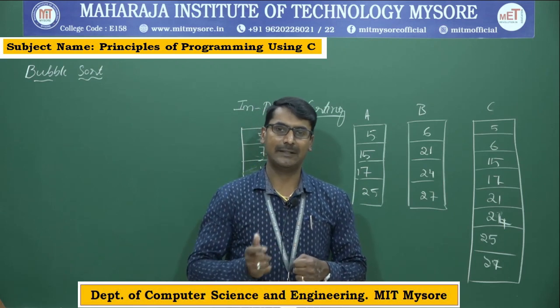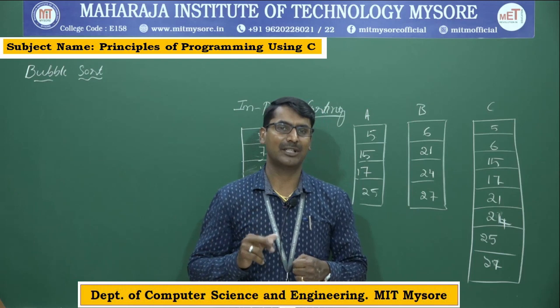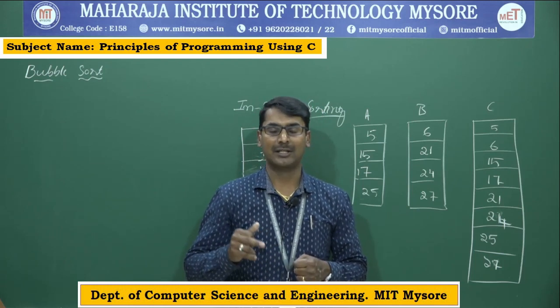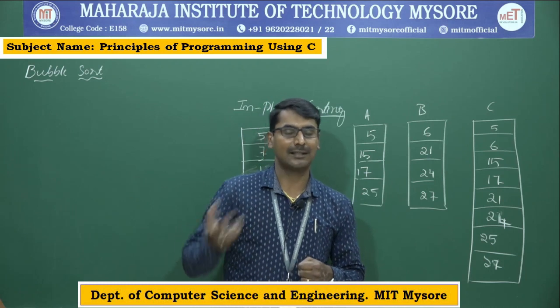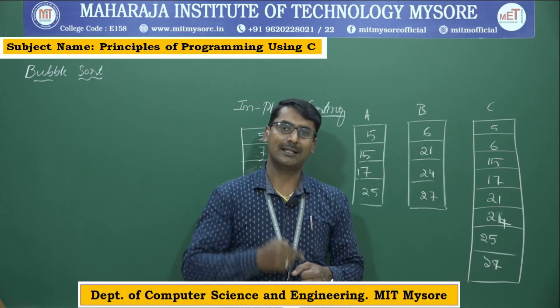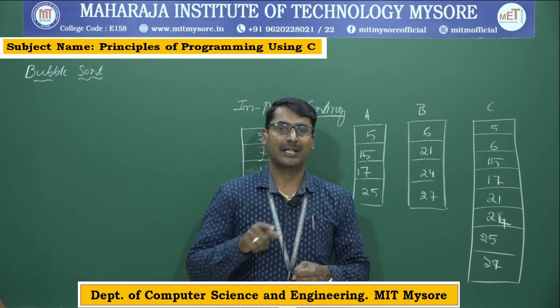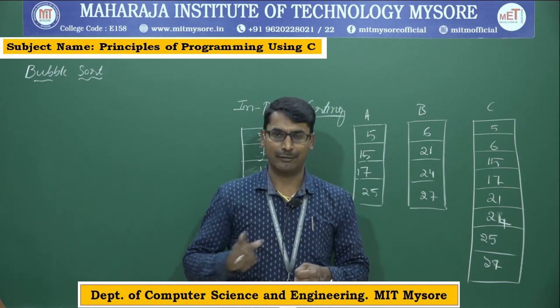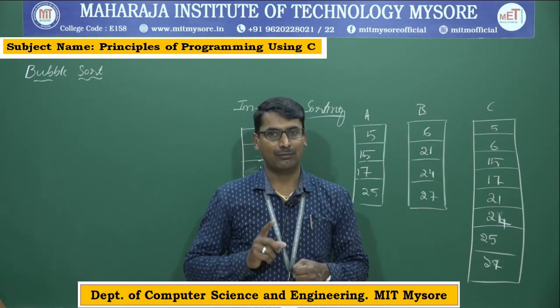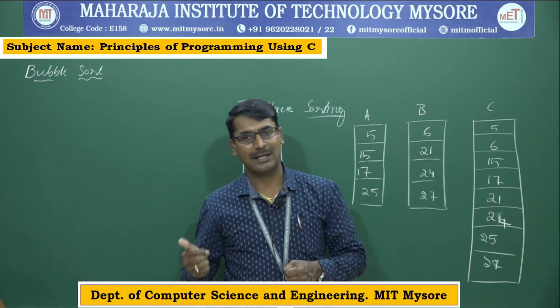If the second number is greater than the third number, once again the exchanging will be performed. Like that, the comparison of every element will be performed. After comparing n elements, the highest element will be moved to the last.